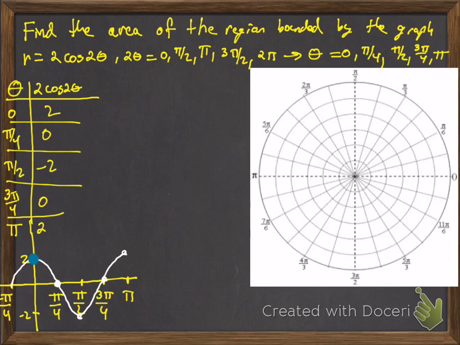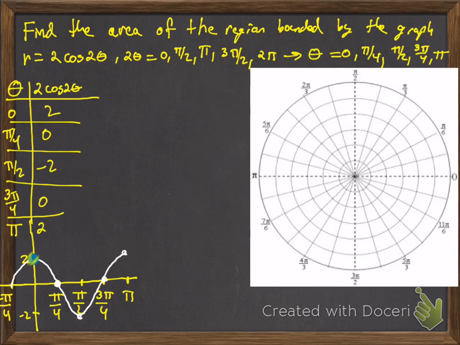Okay, and then we'll go ahead and grab a polar coordinate system, and we're going to find where the petal points are, and the petal points are going to be at mins or maxes of the graph here.